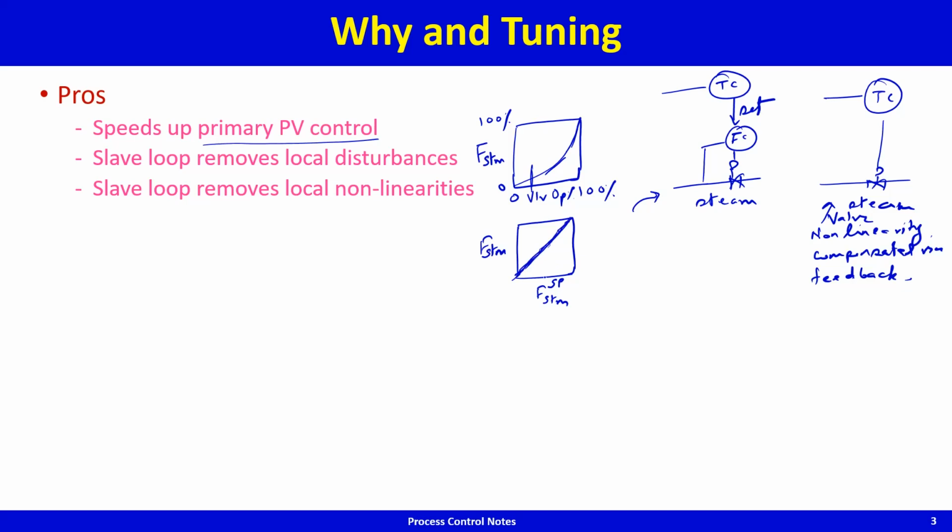Whatever is the steam flow that the master temperature controller asks, this slave loop gives that flow within a minute. So on a time scale of 10 minutes, essentially whatever is the steam flow being asked by the master, the slave is delivering that. So you get essentially a linear relationship.